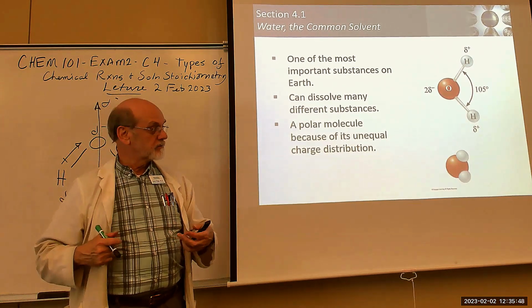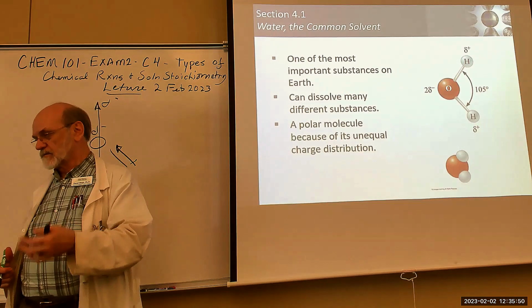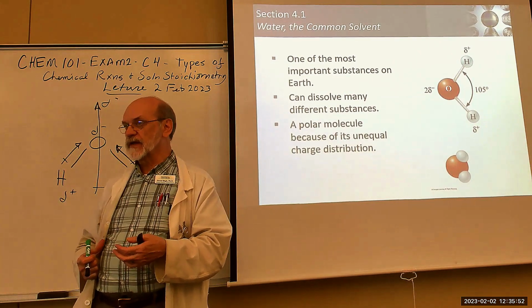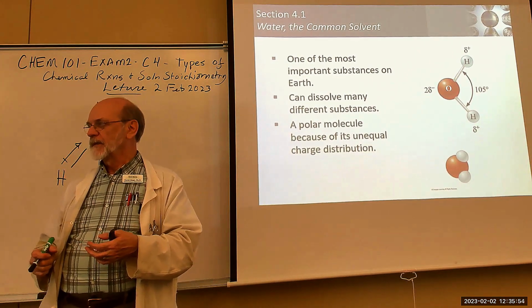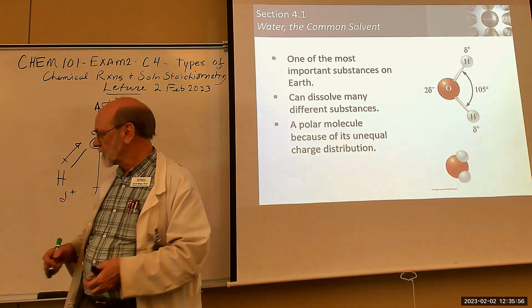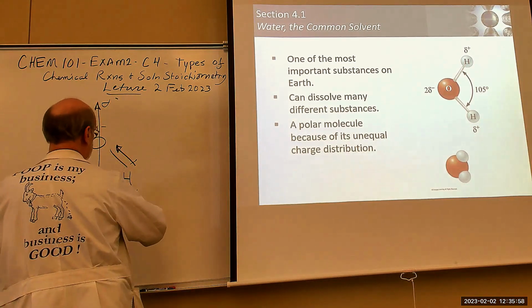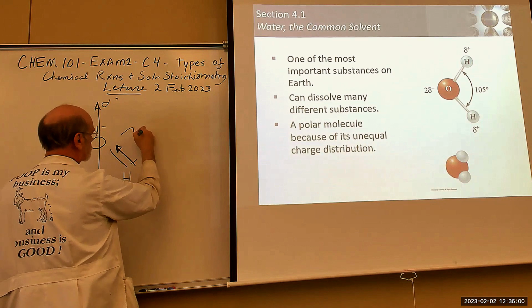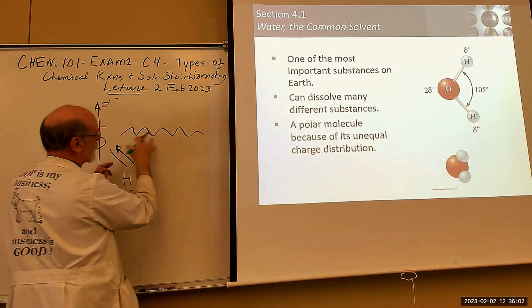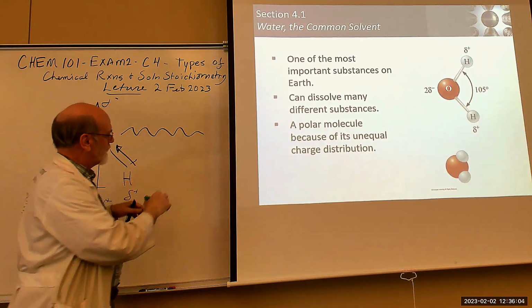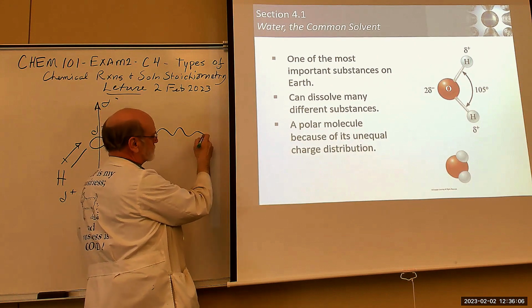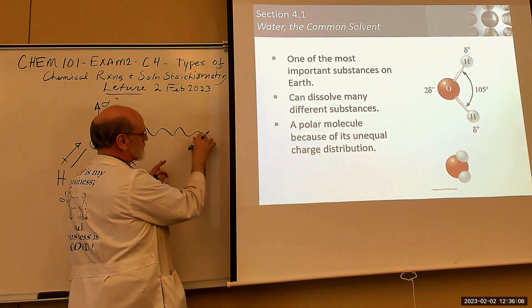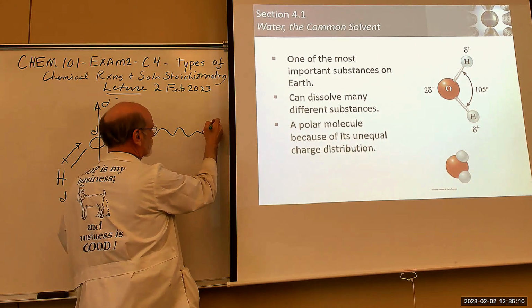The first one that was commonly used, and still is in some places, is soap. Soap has a long tail as the non-polar end, and then it has a polar end. So this end is going to be slightly negative.